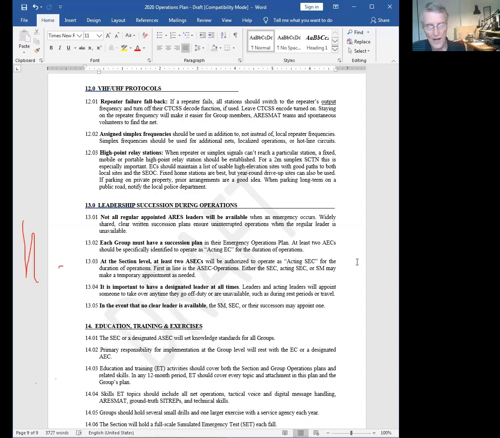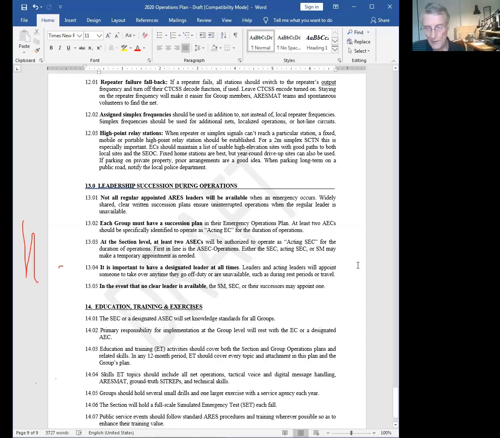And we also put high point relay stations in to emphasize the need for those. If you don't have high point relay stations, this is a fun exercise. Go find places that can relay to Concord.